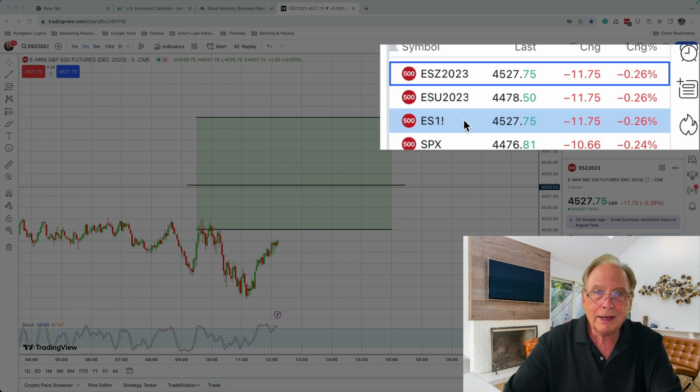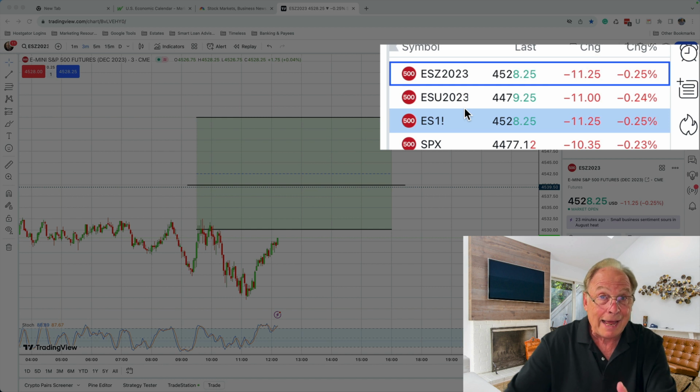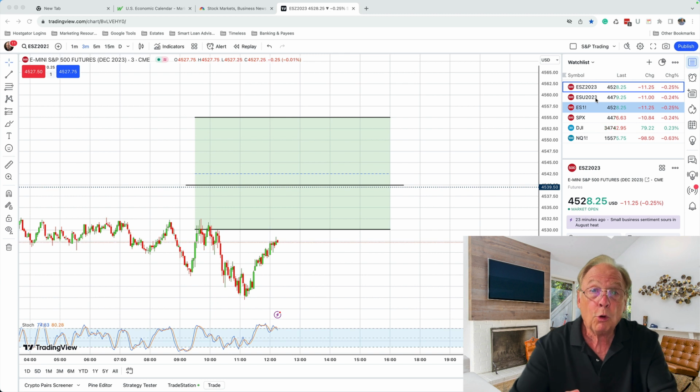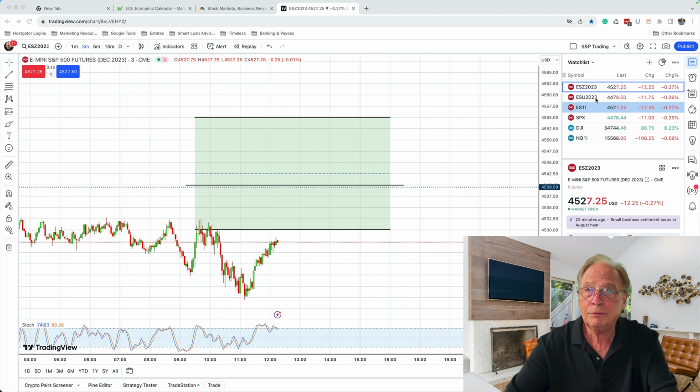The continuous contract always trades at the same price as the contract going forward, which today is the Z contract. Last week, the ES1 was trading at the same price as the U contract. So in other words, you can trade the ES1 throughout the year and not switch, or you can trade the ESZ or U or M or H and switch over depending upon what month you're trading.